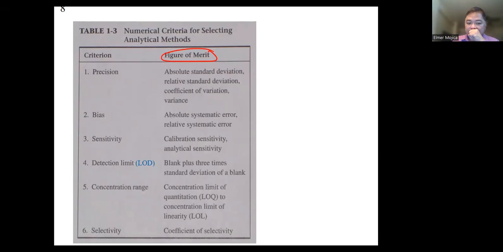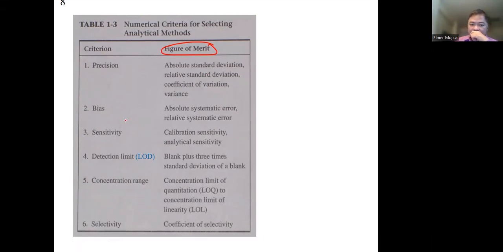Usually the figure of merit is a performance rating or measure of the efficiency of a given instrument, device, or material. So ang tinitingnan mo doon sa figure of merit ay yung mga ito.